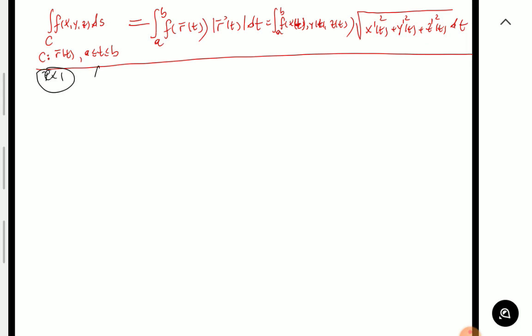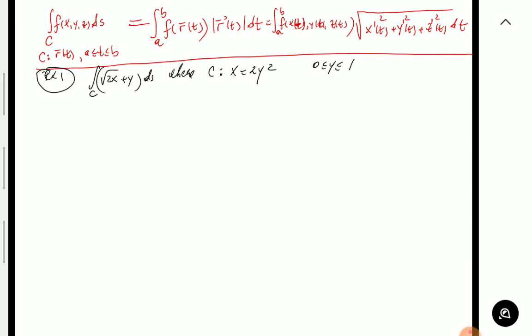Let's say I have to compute the integral over C of the function square root of 2x plus y ds, where C is defined as x equals 2y squared, with y between 0 and 1.